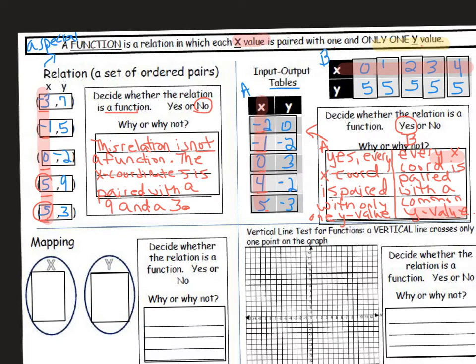I can answer yes. So table A and table B are both considered functions. They meet the definition of a function, that special relationship. So you can see that I can represent a function using a table, an input-output table.